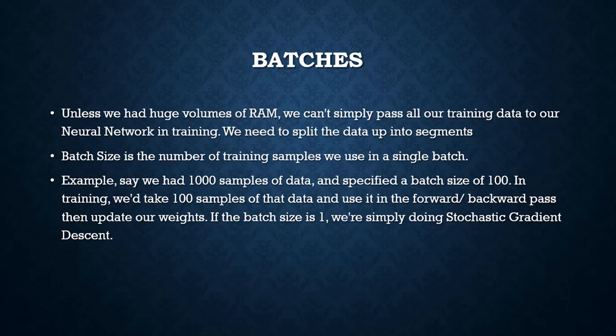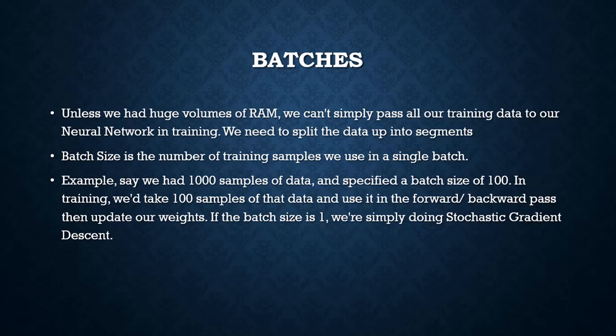This is also a user input. We have to determine how many batches we need to use in the neural network. Suppose in your data set you have 1,000 samples and the specified batch size is 100. Then we take only 100 samples of data and use them in the forward and backward process to update our weights.